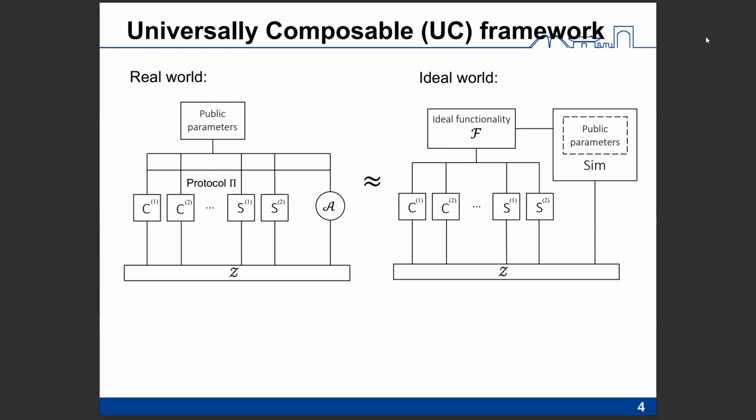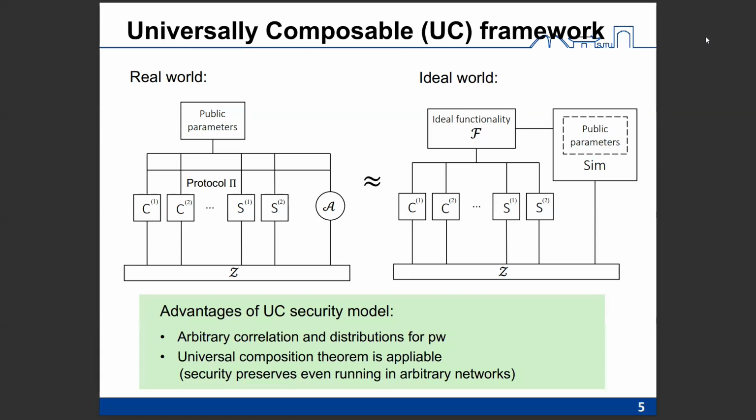And compared to indistinguishability-based security models, the UC security model has several advantages. For example, it supports arbitrary correlation and distribution for passwords, and the universal composition theorem is applicable. That means the security of the protocol is preserved even when it's running in arbitrary networks where multiple protocol instances may run in parallel.